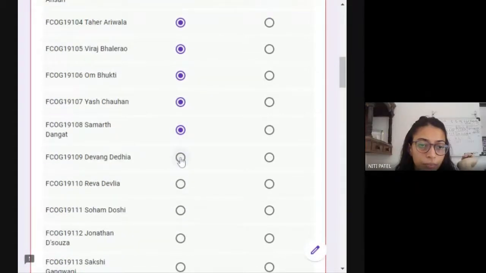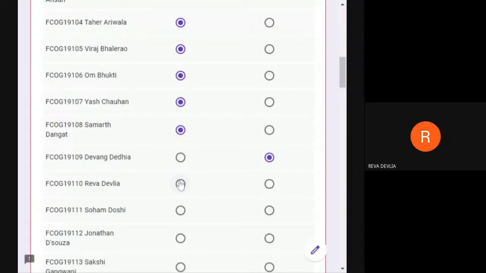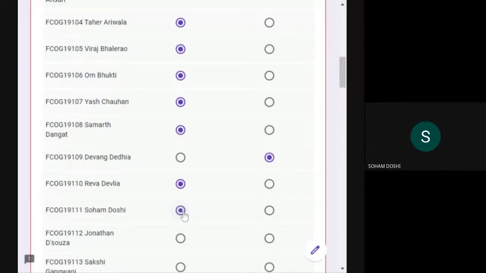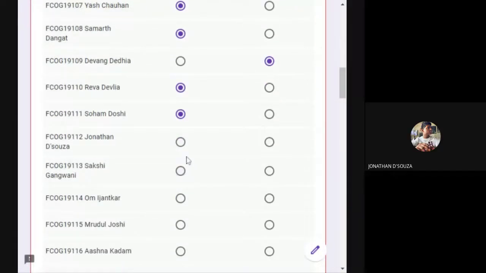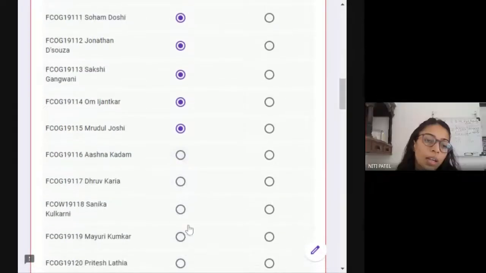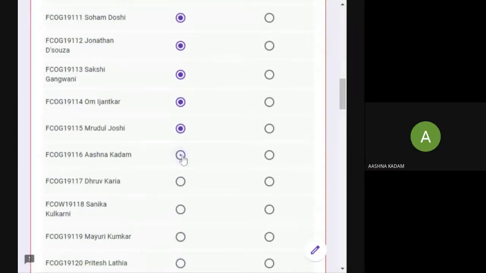Devang, Reva, Present, ma'am. Soham, Present, ma'am. Jonathan, Present, ma'am. Sakshi, Present, ma'am. Om, Present, ma'am. Murdul, Present, ma'am. Asna, Present, ma'am. Dhruv, Present, ma'am.